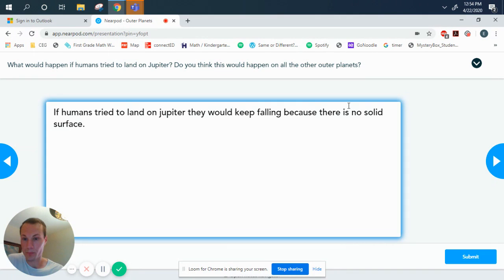Oh yeah, there's tons of pressure. If you've ever gone swimming and swam to the bottom of a pool, you might feel the water on top of you pushing on your body. We say that's more pressure. But on Jupiter, as you go farther and farther into the middle of the planet, there's going to be more and more stuff pushing on your body. That pressure's got enough force to squish your body like a pancake.